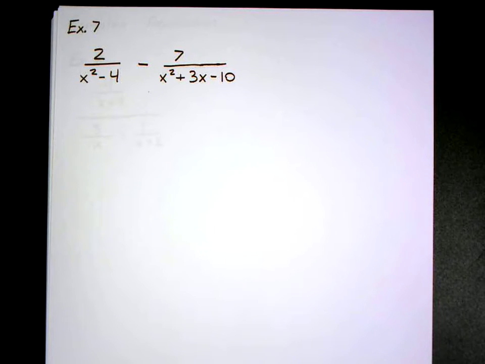Okay, so before we can do anything, we have to get like denominators. Now, if you just try to multiply each fraction by what's on the other fraction's denominator, you're going to end up with a huge mess. That will be even a larger problem to try to clean up and reduce. So what we want to do is find our lowest common denominator.